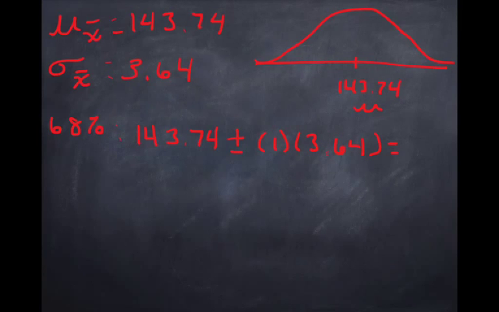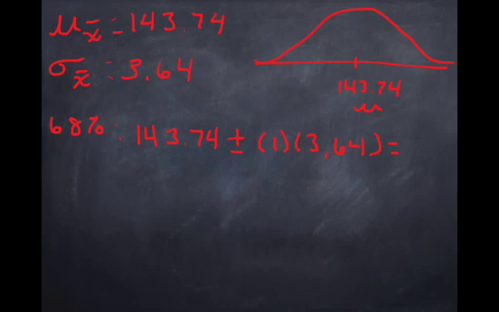And so you want to add and subtract: 143.74 minus 3.64, and then you're going to take 143.74 plus 3.64 and find those two values there.